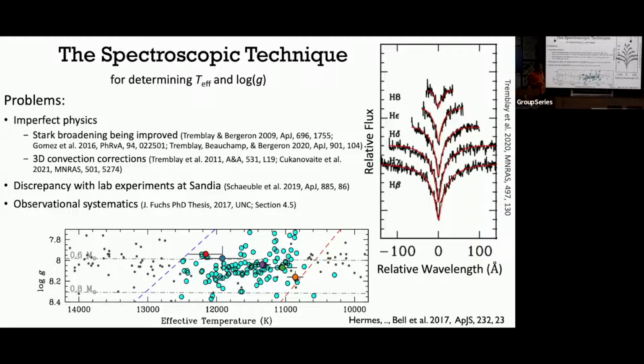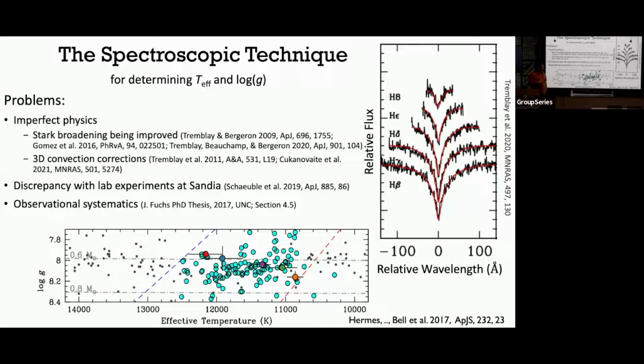There's also become increasing focus on treating the surface of these stars as not just having a single spectrum. These pulsating white dwarfs have convective outer layers, so they have hot and dark regions on the surface, and that needs to be treated. And so people have been developing better methods for doing this for white dwarf stars.